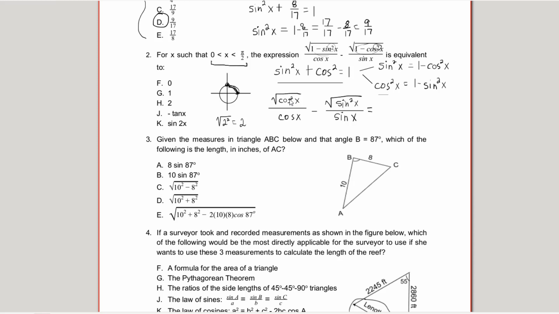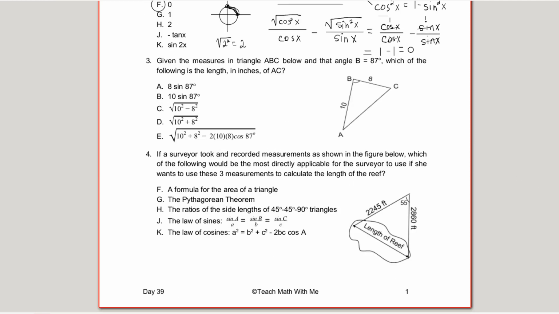So we're going to be able to pull out cosine x out of this first term, and that's cosine x over cosine x minus the square root of sine squared x is just sine x over sine x. And when we simplify here, this goes to 1, this goes to 1, and this just turns out to be 1 minus 1, which is equal to 0. And that is answer choice F.